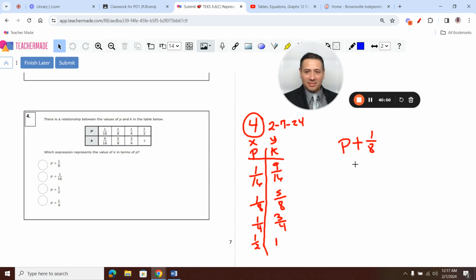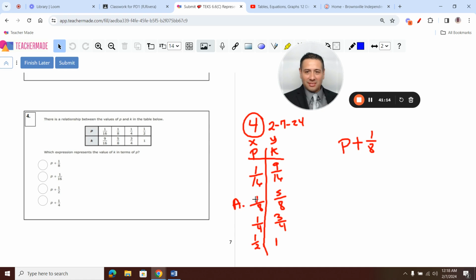So what I'm going to choose in this case is the one that has the eighth, because when you're adding fractions, they have to have the same number on the bottom, the same denominator. So this is 16, this is 8, this is 4, this is half, which is wholes. So for letter A, I'm choosing this one. Okay.